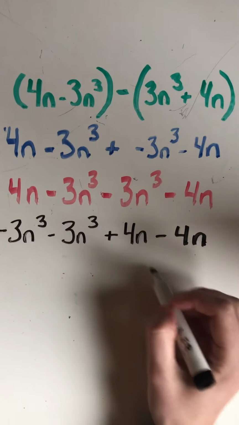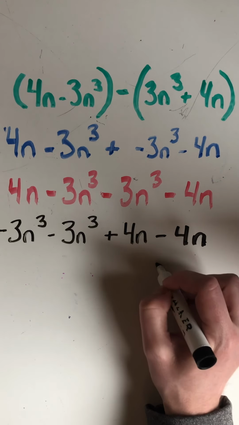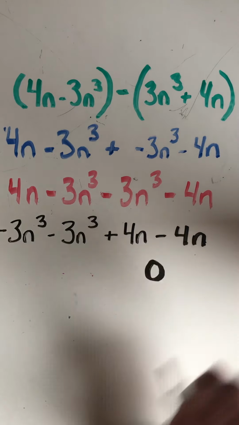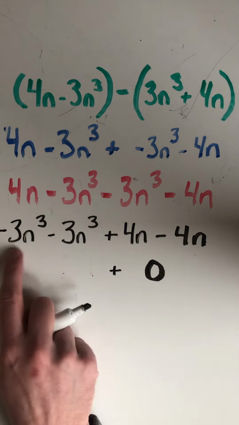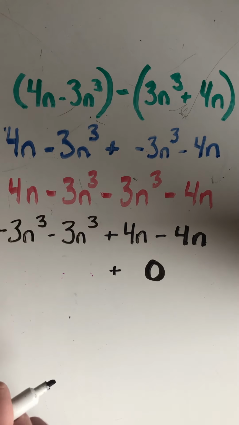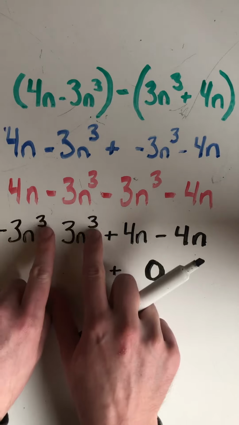You may see that the 4n and the minus 4n will result in 0. And now negative 3n to the third minus 3n to the third. So I'm allowed to do this because they are like terms. They are both n to the third.